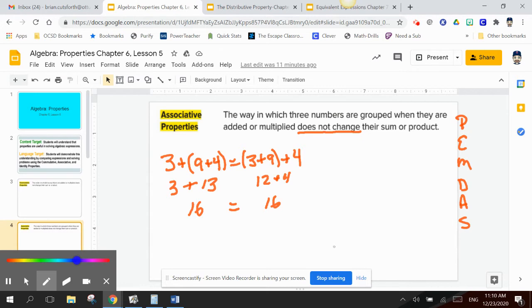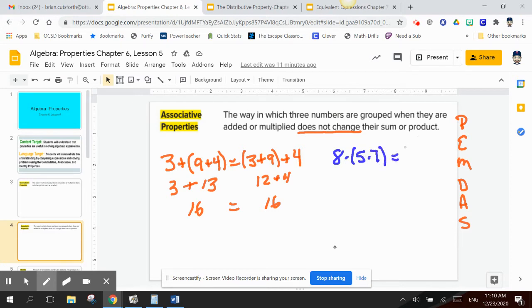Even if we multiply 8 times the quantity of 5 times 7 equals the quantity of 8 times 5, times 7.